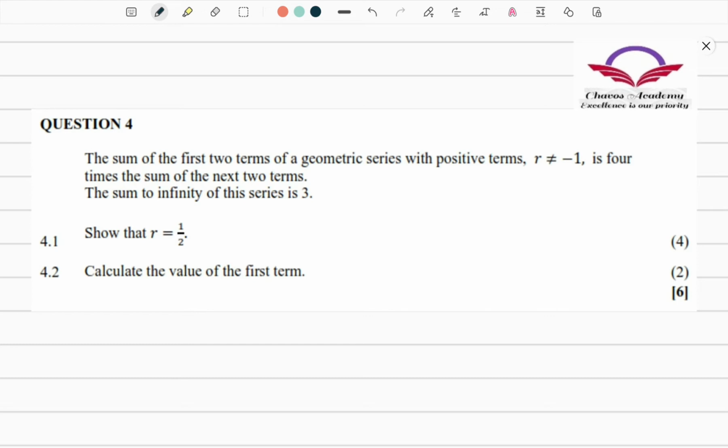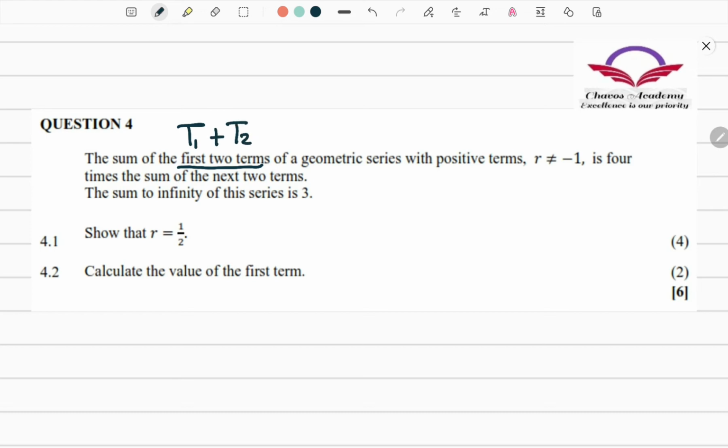It says the sum of the first two terms. We understand the first two terms, they are talking about T1 plus T2.